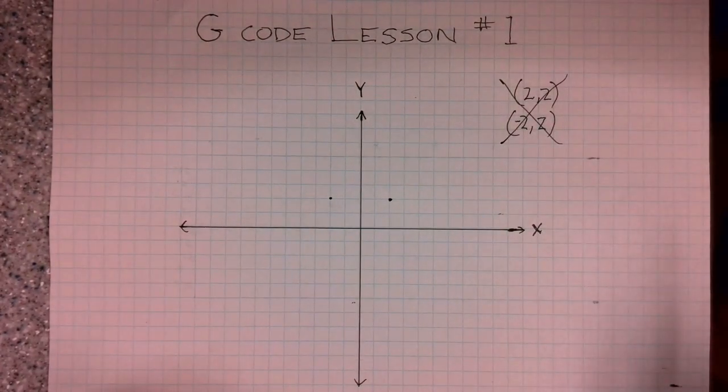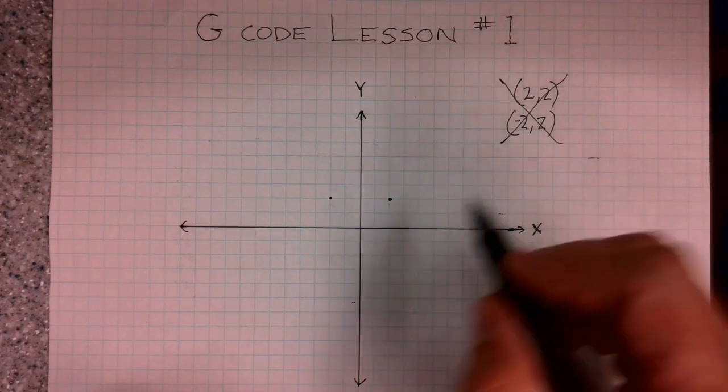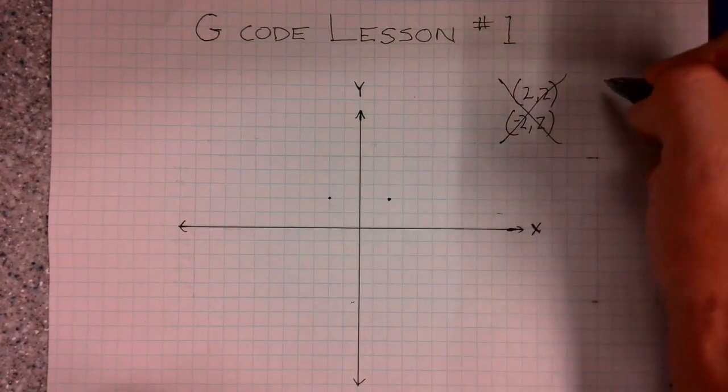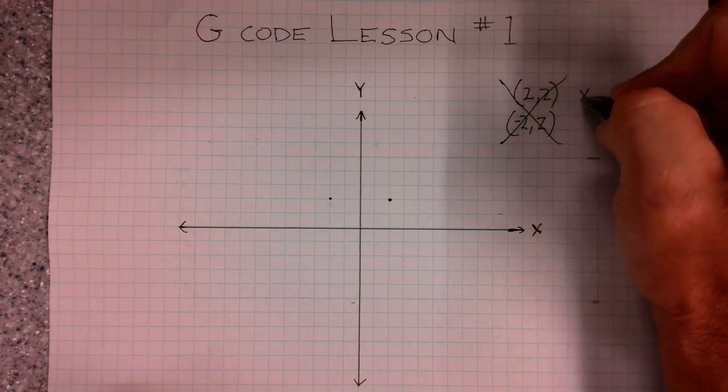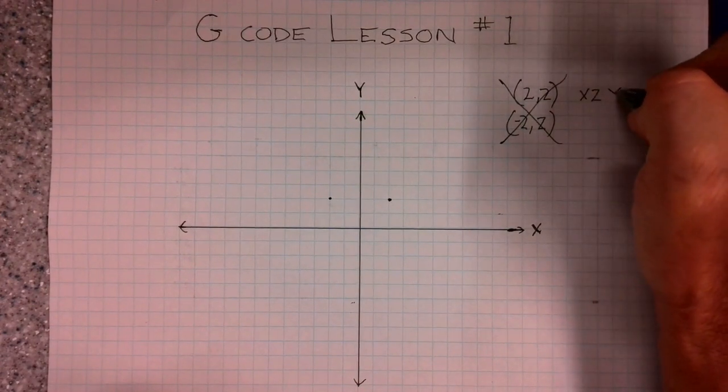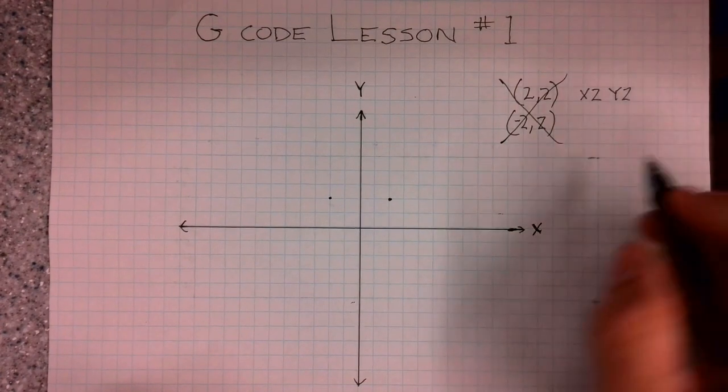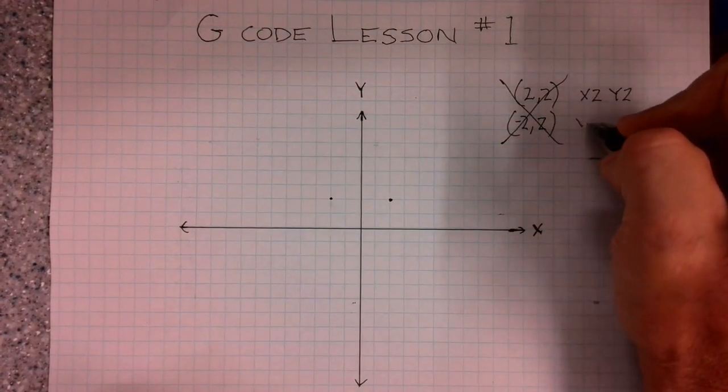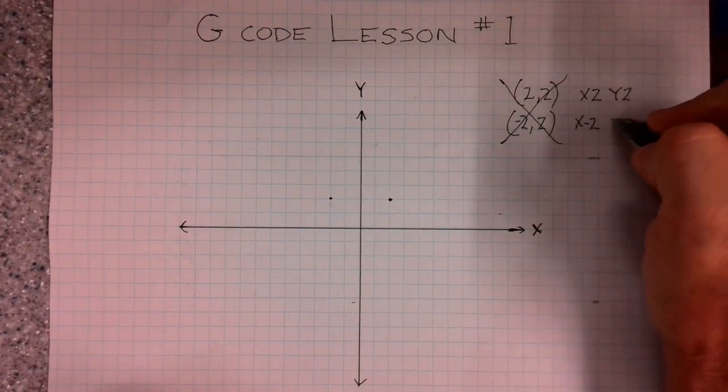G-code, we don't do that. What we say, for this case, is x2, y2. And for this case, x negative 2, y2.